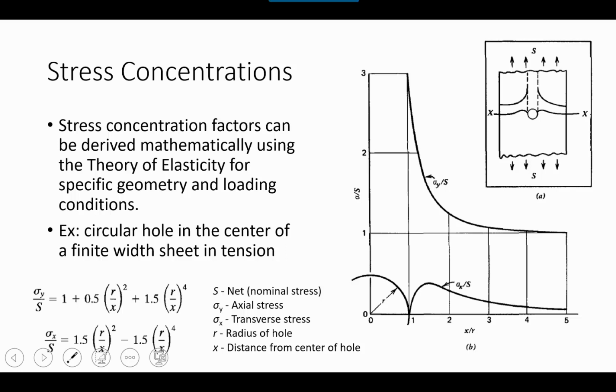An example of that is given here for a circular hole in the center of a finite width sheet that's in tension. So applying the theory of elasticity and doing a little bit of calculus, equations that describe the stress field have been derived, describing them as a function of the radius of the hole, as well as a function of the distance, so an actual position from the tip of that hole, right?